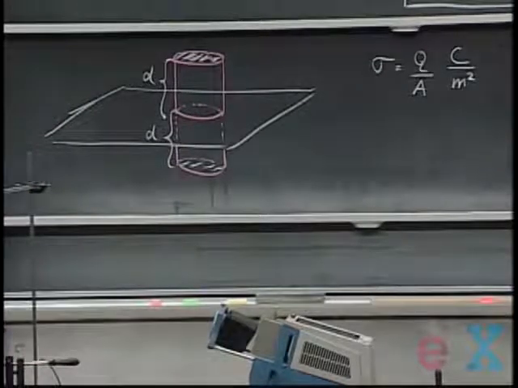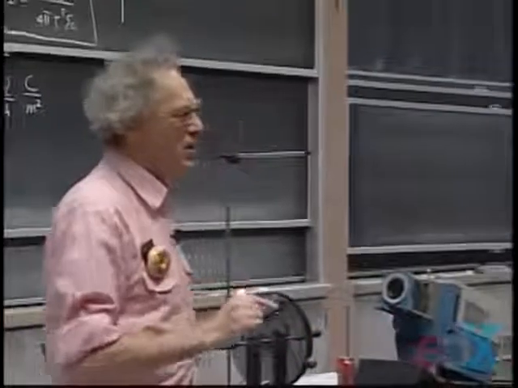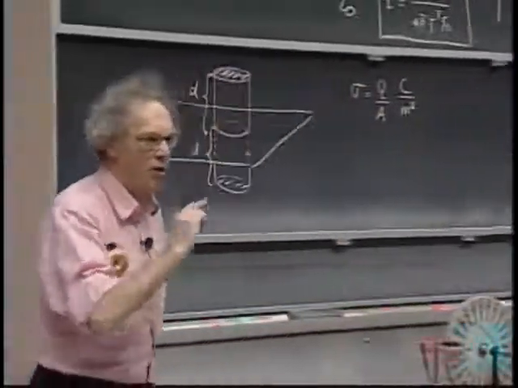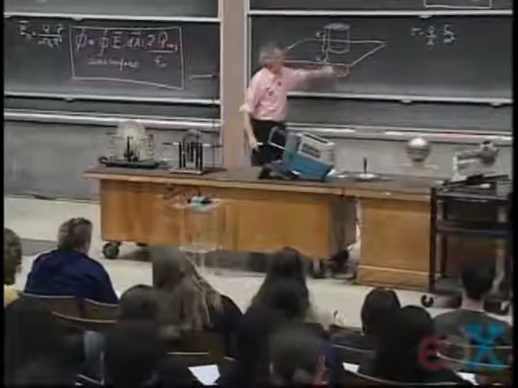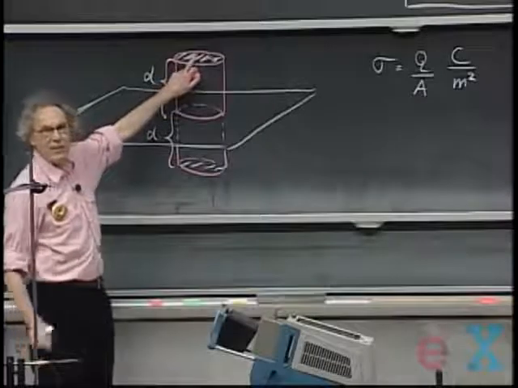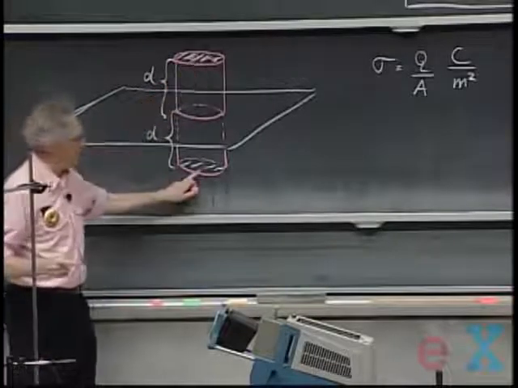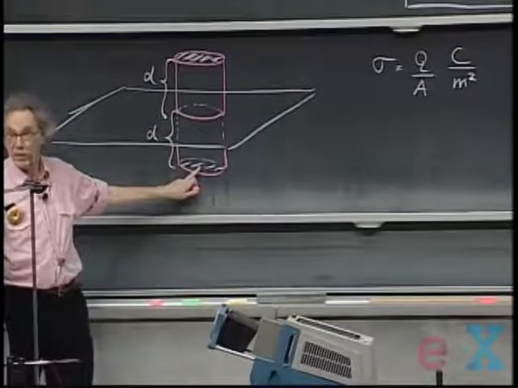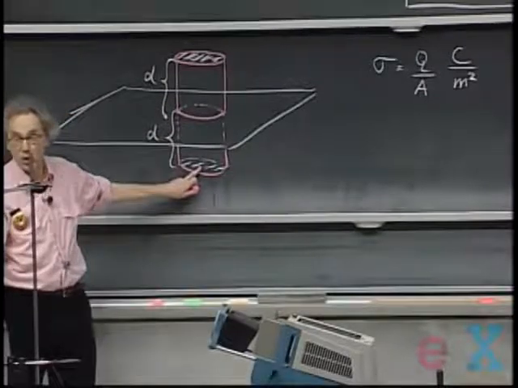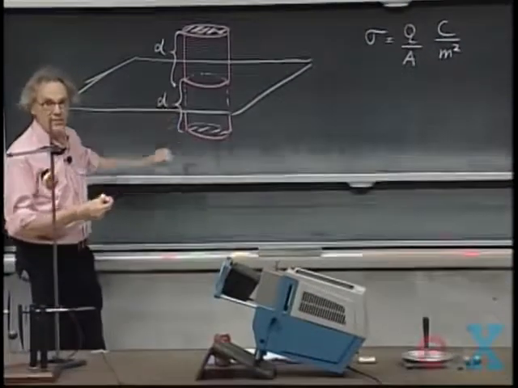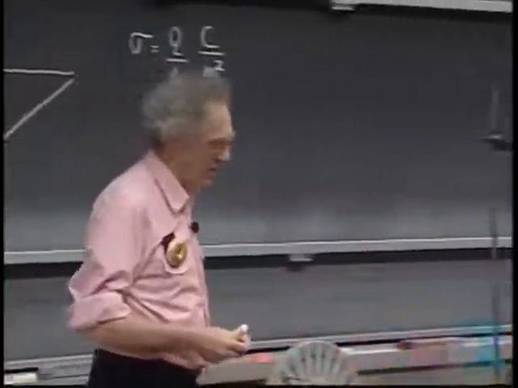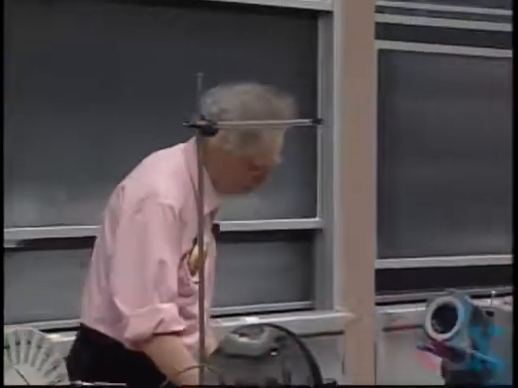And you can already smell why that is important. Because if you ever want to use a symmetry argument, if this plane is uniformly charged, the electric field vector here, in terms of magnitude, obviously must be the same as there, maybe not in terms of direction, as long as this d is the same as that d.